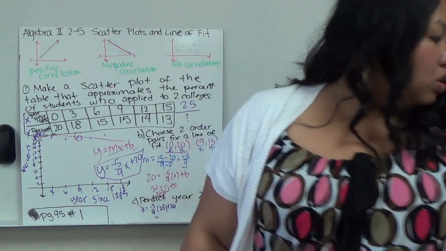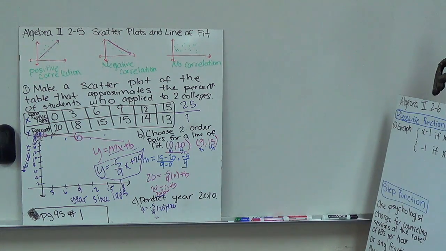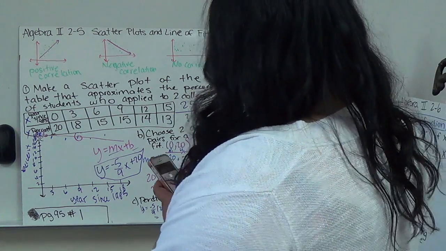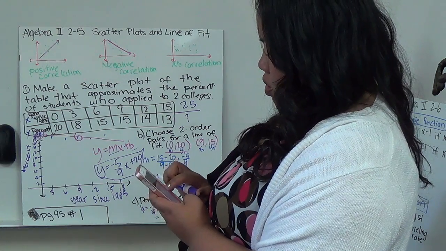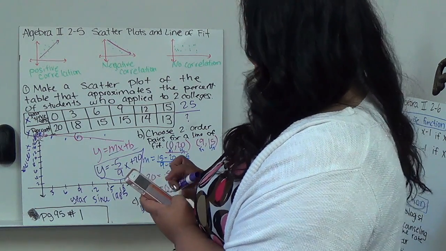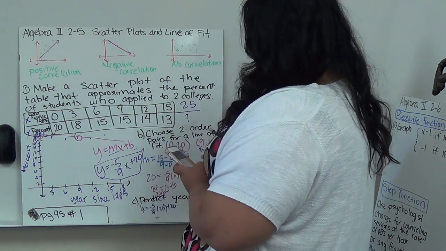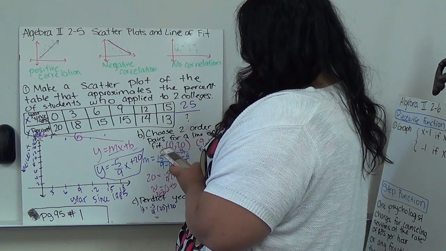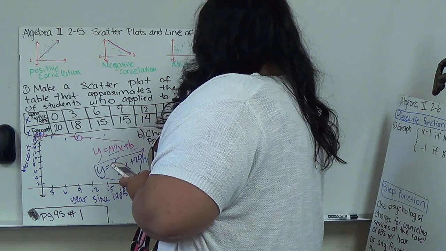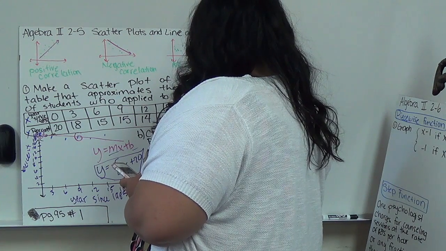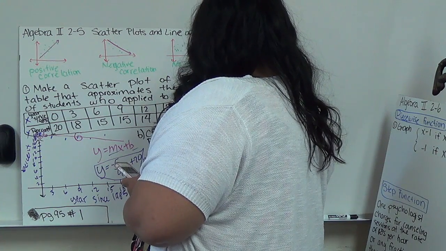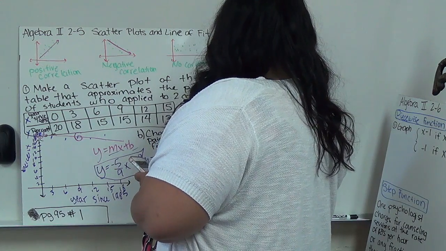Okay? So get your calculator. Negative 5/9: I'm going to do 5 divided by 9 to find the decimal. So negative 0.555 times 25, which is negative 13.89, plus 20 equals y.